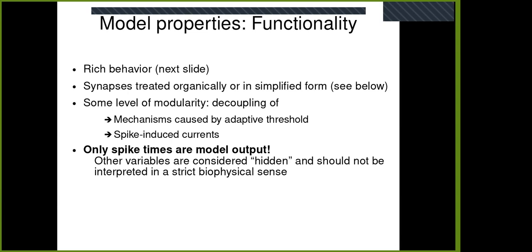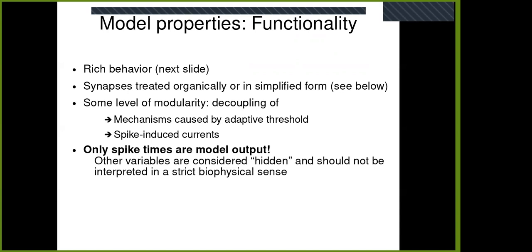So to me, this is more intuitive. The last thing on this slide is a word of warning. Even though I talk about the voltage, we make no claim that any of the parameters, the voltage or threshold or anything like that, is really biophysically a voltage. The only output that we stand behind is the sequence of spikes.